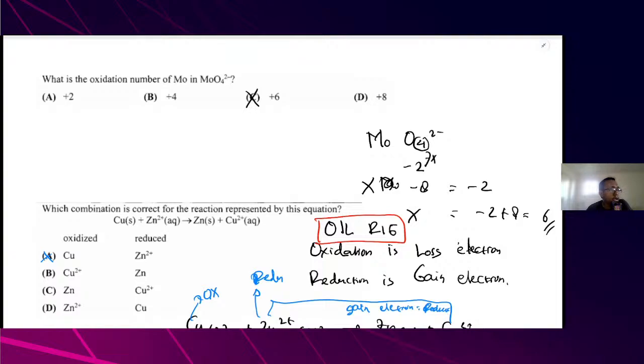Will be A. This one is kind of reversed, the assignment, and then Zn and D are products rather than reactants. So just focus on the reactants, not the products, okay?